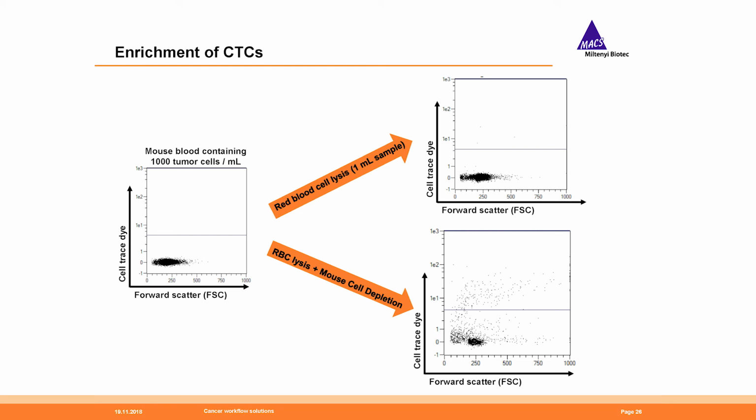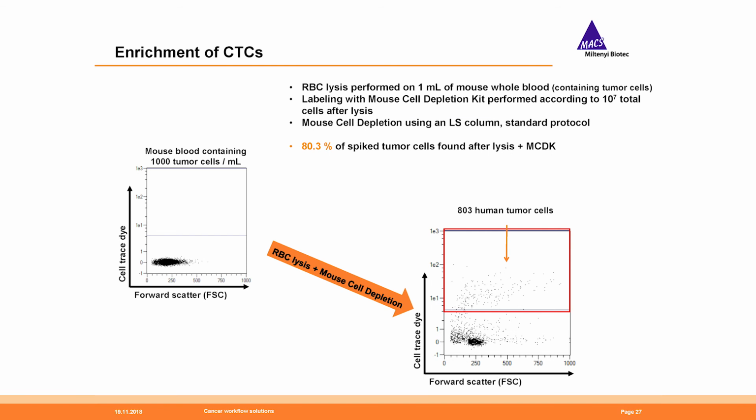I'm sure that nobody will recognize this as a proper population of cells, but when you do a red blood cell lysis and add the mouse cell depletion kit, you're starting to see these cells over here again. And this is what you were looking for. In this experiment, we were able to recover 803 of the 1,000 cells that we spiked in. So that's a pretty good recovery. So it works also on blood.